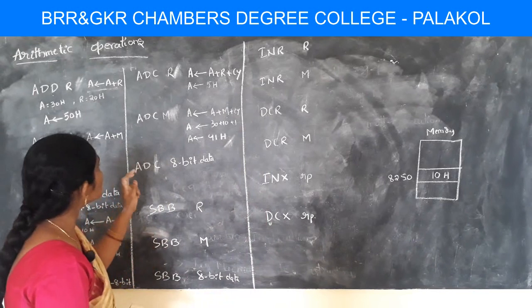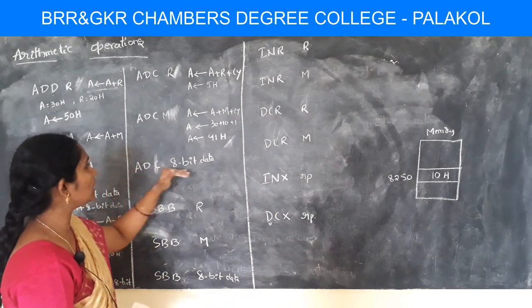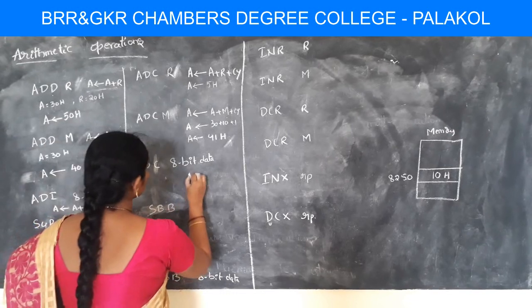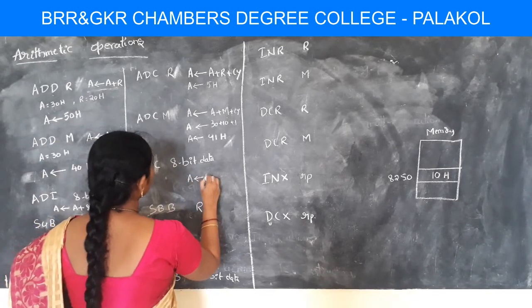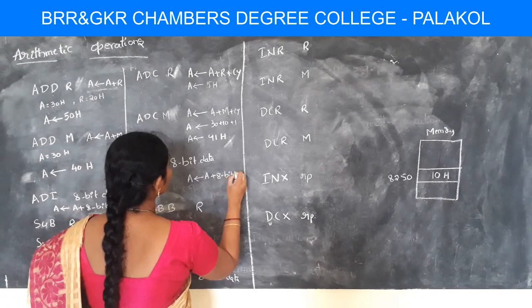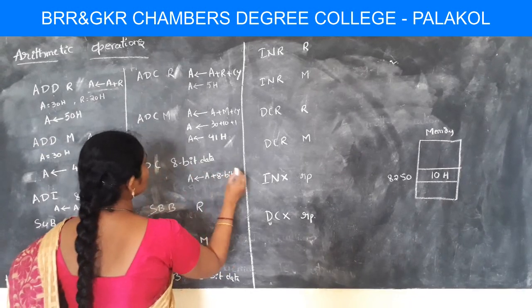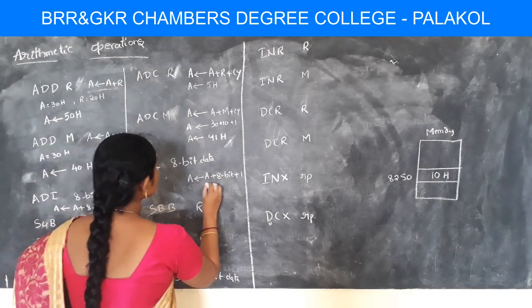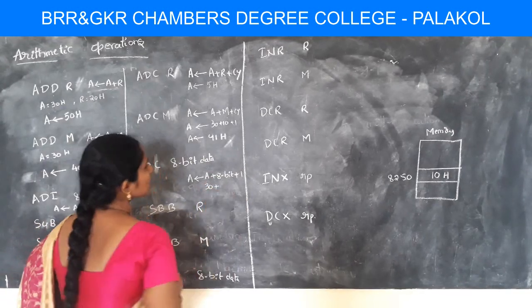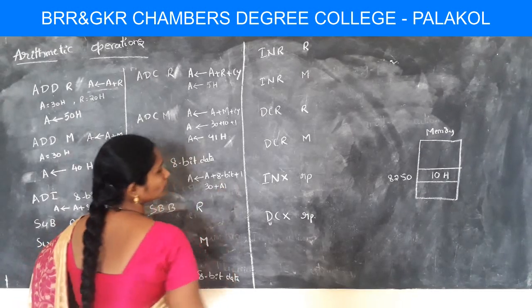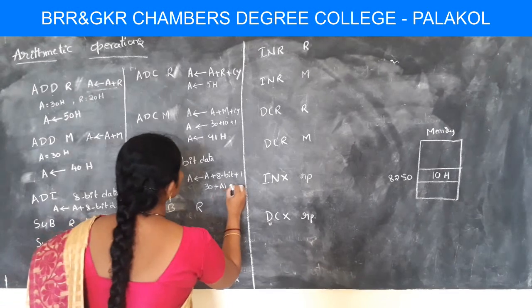And also this is ACI, add carry with an 8-bit data. The meaning of this instruction is A plus 8-bit data plus carry, which is 1. Here A is 30H. For example, I consider the 8-bit data is A1H, plus 1.